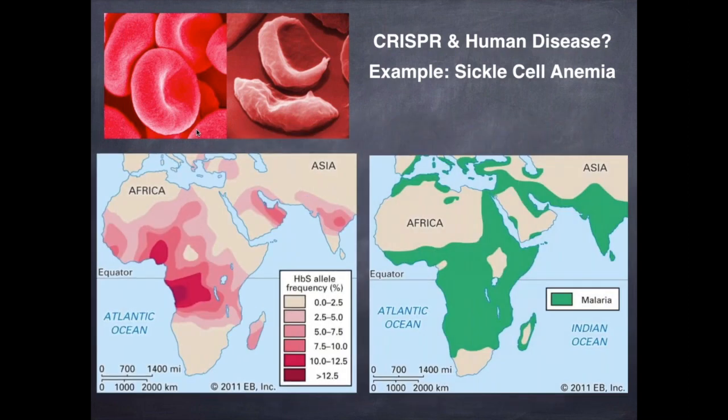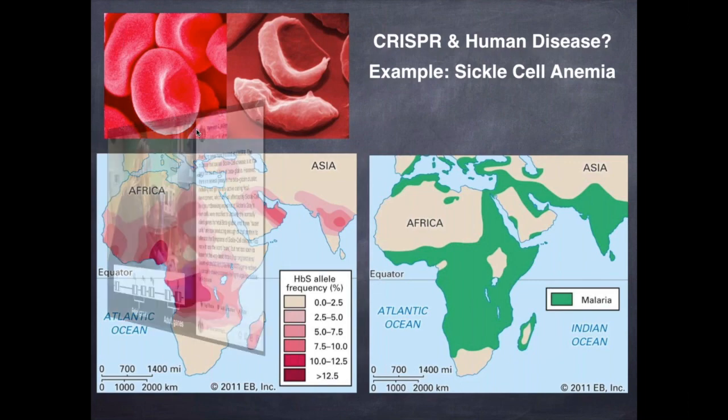Around the world, it's found in people from anywhere in the world where there's a high incidence of malaria, not just in Africa, but also in the Middle East and in the Indian subcontinent. And the reason for that is having sickle cell basically serves to make you resistant to malaria. But if you have 2 copies of the sickle cell allele, you can be very, very sick.